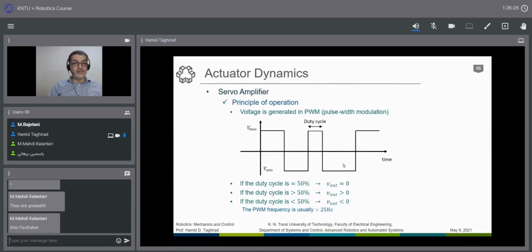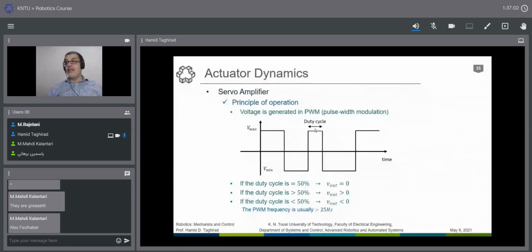You are all familiar with that. All electrical engineers know much better than me about pulse width modulation. In a pulse width modulation, we have a duty cycle. If the duty cycle is 50%, and Vmax and Vmin are equal to each other, we have effectively zero voltage. Although we are putting in plus and minus volts, the effective voltage to the system is equal to zero.